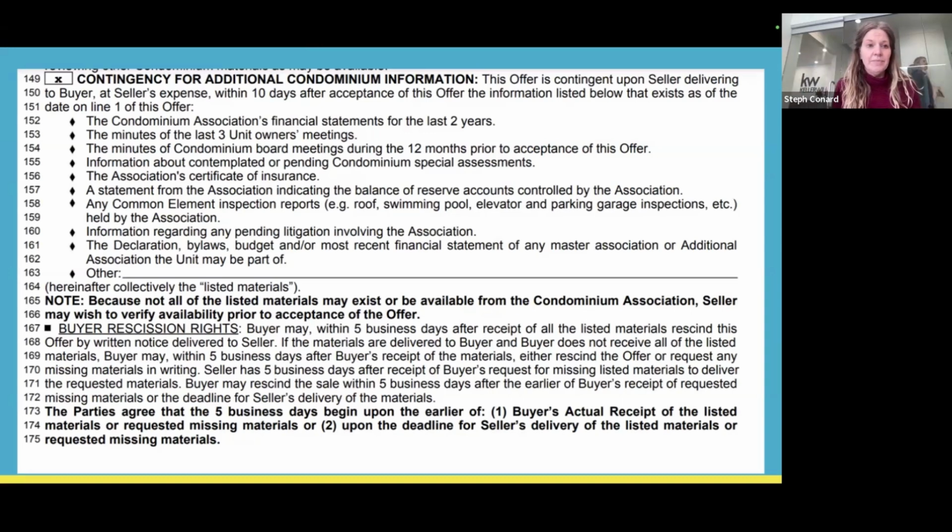So just know that it's a contingency, it becomes another term that you can negotiate. Whereas the other set is standard and must be provided.